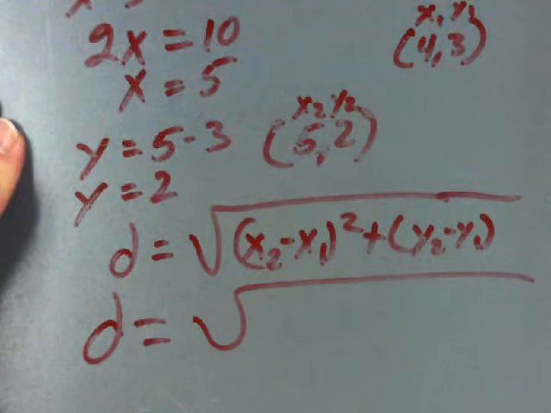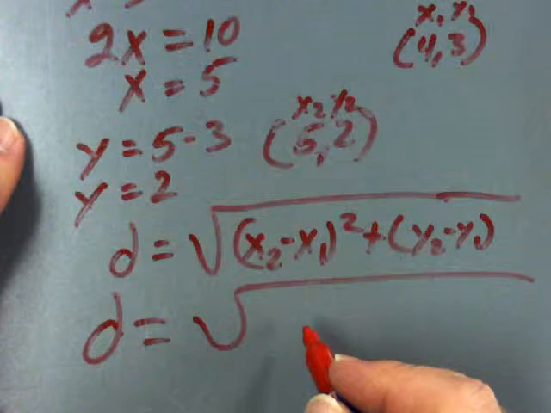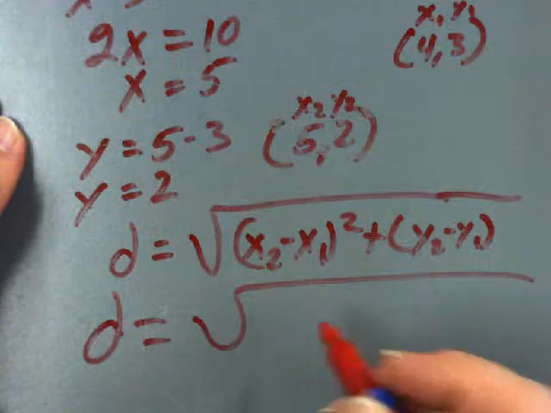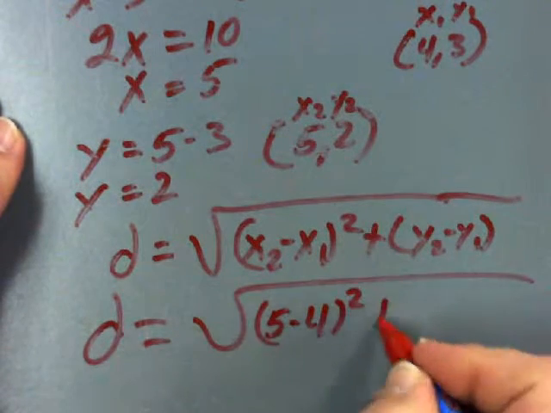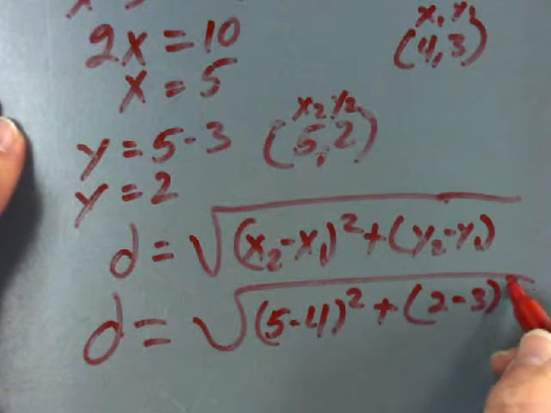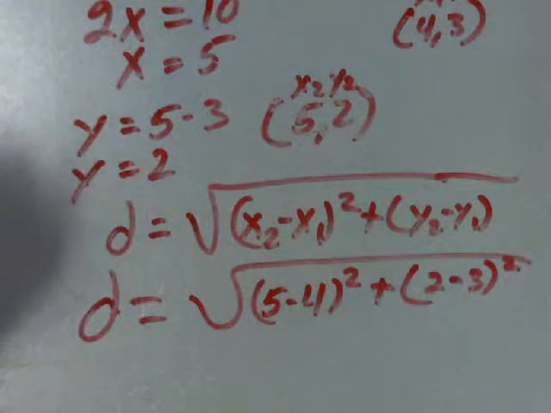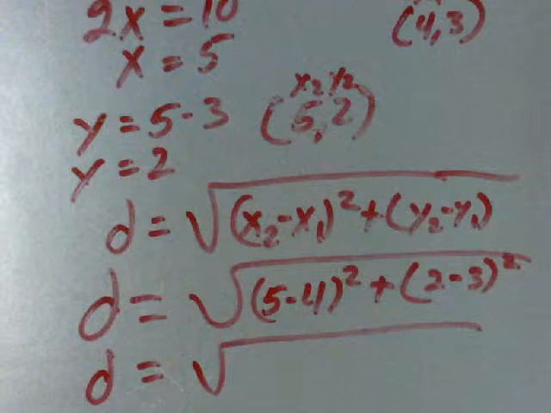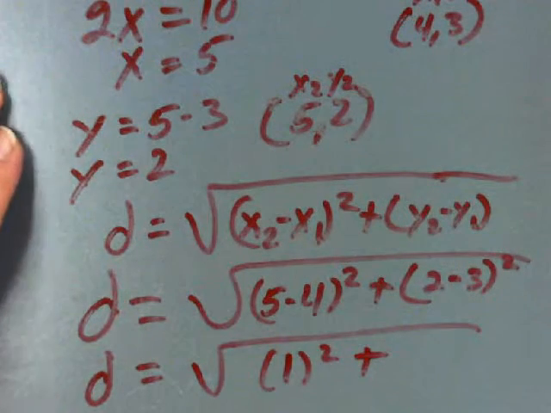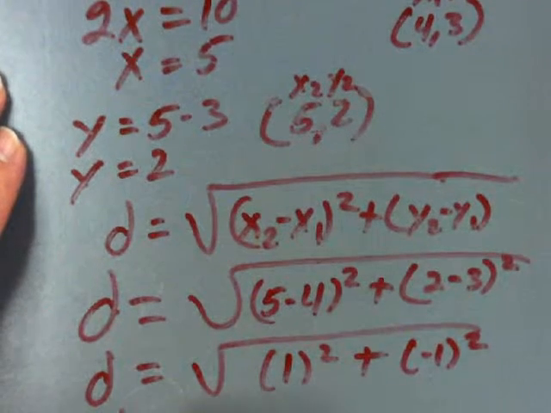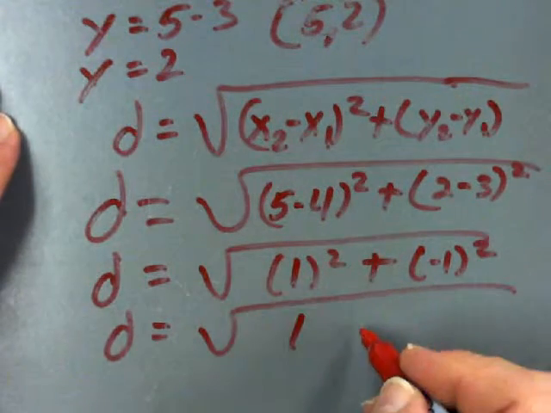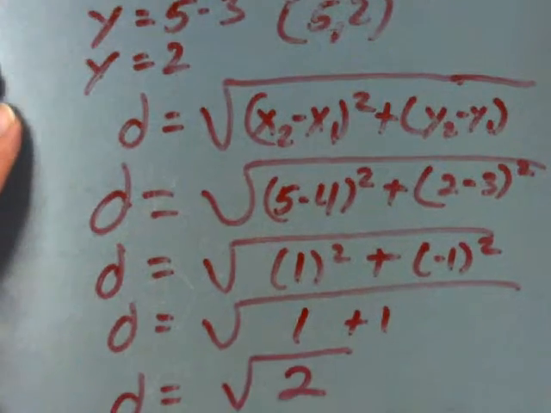So if I put it in, what do I have? 5 minus 4 squared plus 2 minus 3 squared. Any problems with the substitution? What's 5 minus 4? 1. It's 2 minus 3, negative 1. What's 1 squared? 1. What's negative 1 squared? 1. So the distance would be the square root of 2?